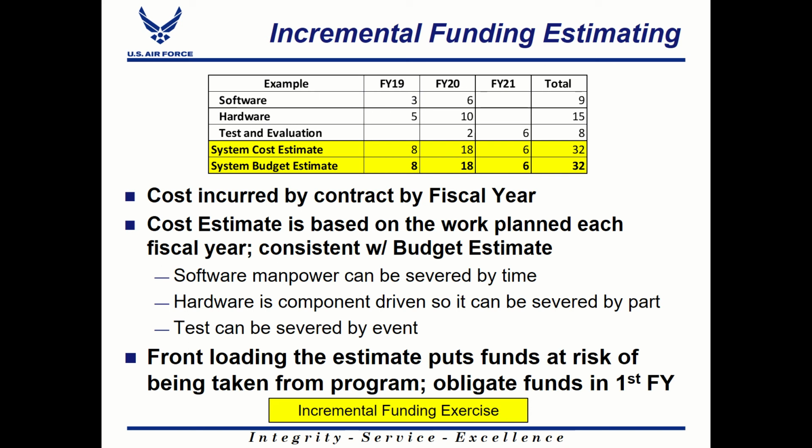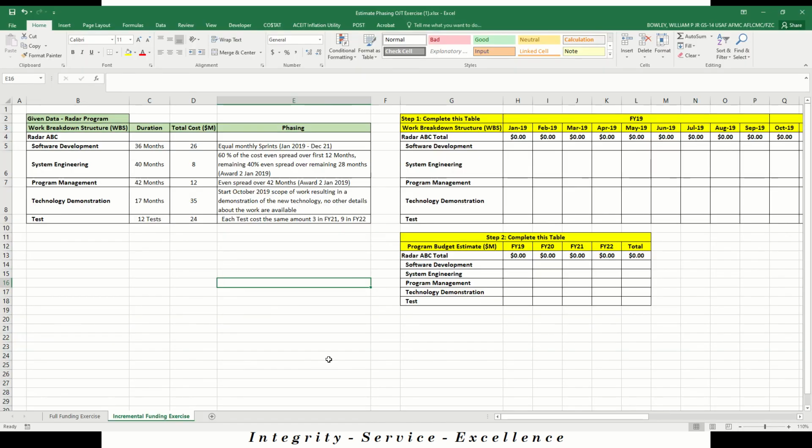So let's jump over to the exercise for this one in order to walk through that as well. So here we have, again, some given program information. We've got a radar program, again, that we're doing the development costs for. So we've got a work breakdown structure, again, for this system.